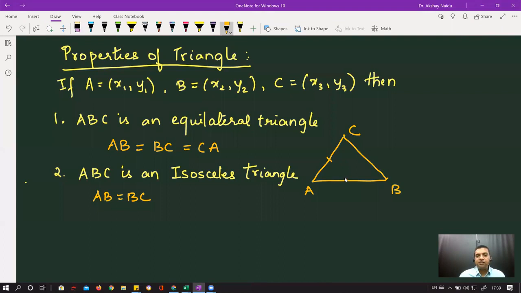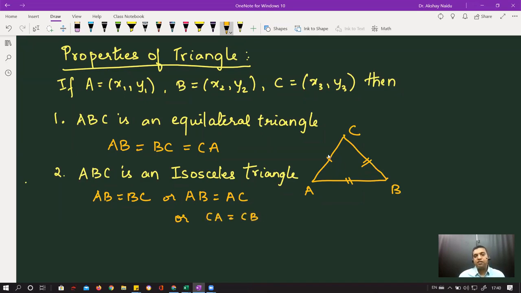Either AB equal to AC. No, sorry. AB equal to BC, or AB can be equal to AC, or CA is equal to CB.